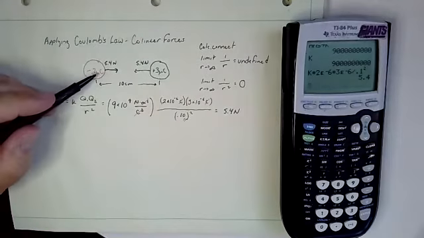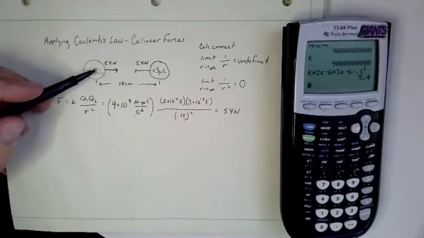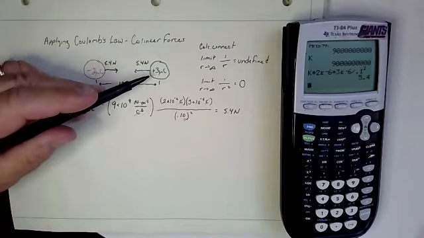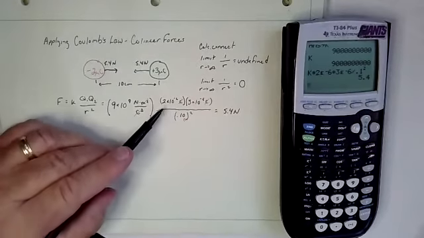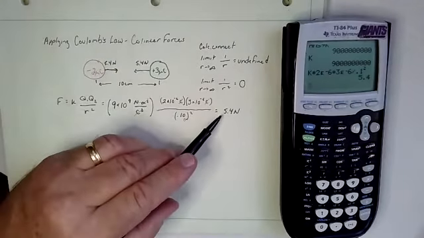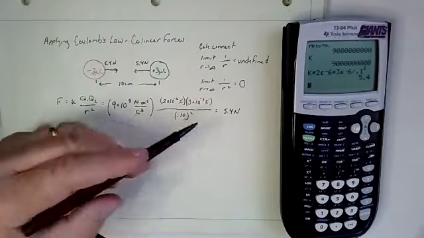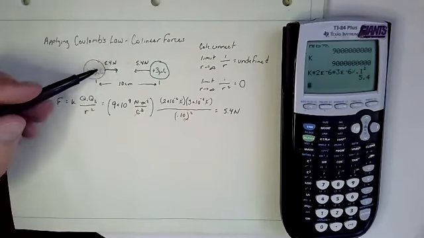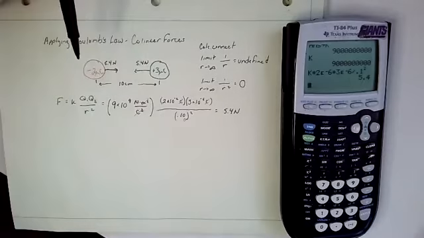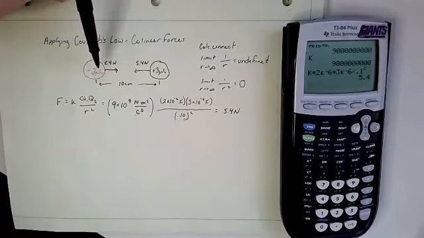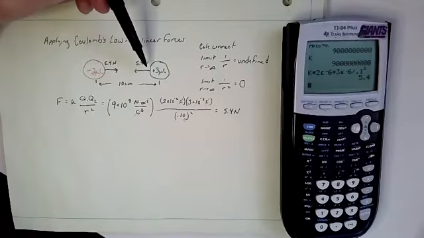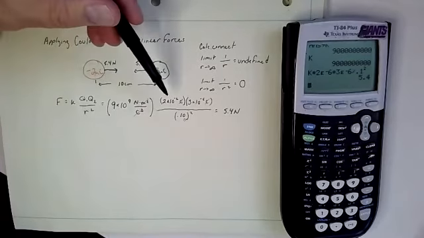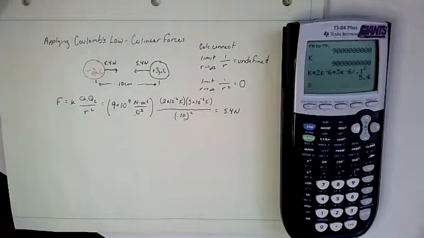But if we were going to write this as a vector, we would say that it's a vector that points to the right, and this one is a vector that points to the left. Putting a minus sign here is just going to give us a minus sign in the answer, but it's not really going to give us information about these. So when we're doing these collinear forces, let's just use logic to figure out which direction the forces are going to be instead of relying on the algebra. That's the big takeaway.